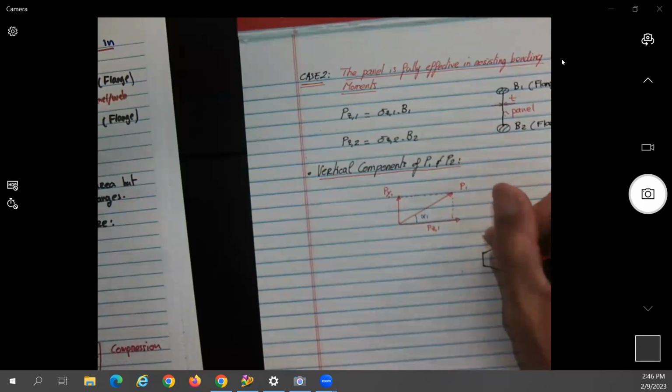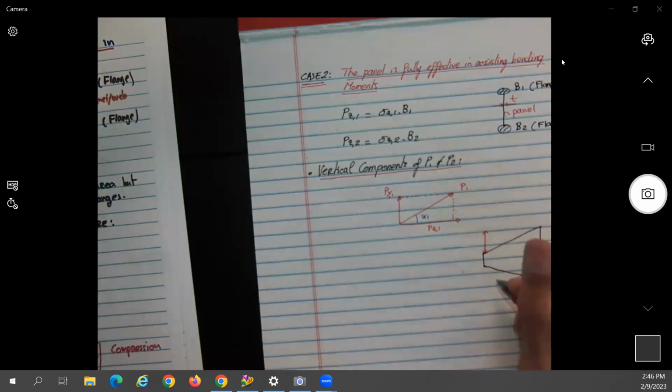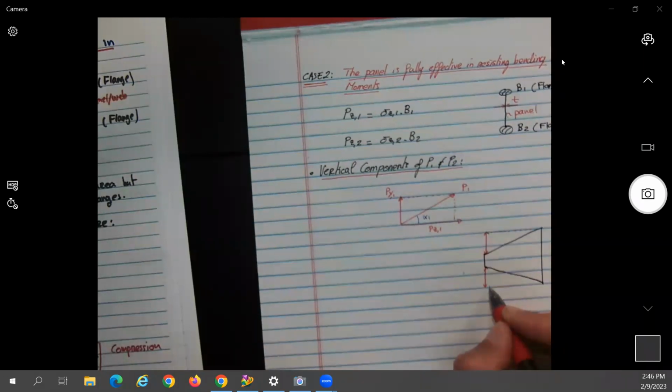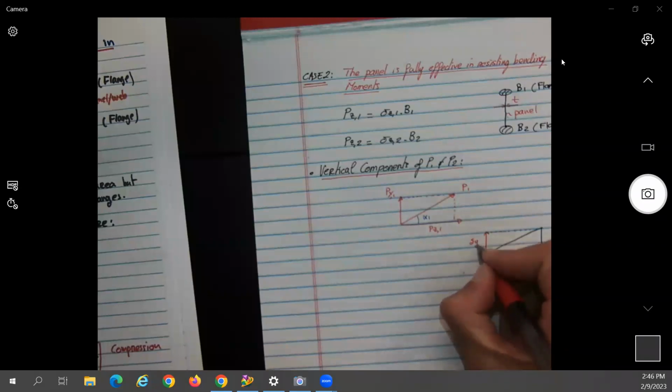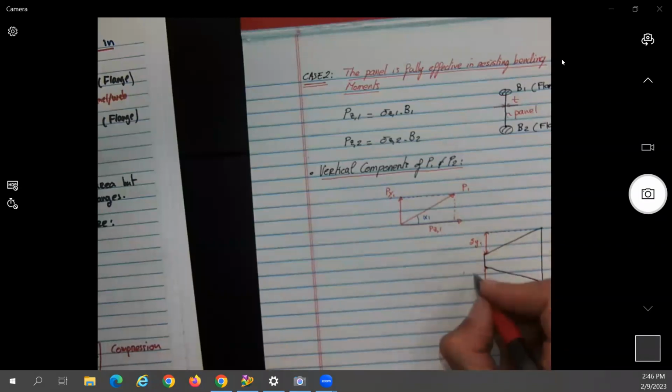Okay, so I'm doing this figure just to indicate that this change in height over here will be known as delta y1. This will be delta y2.